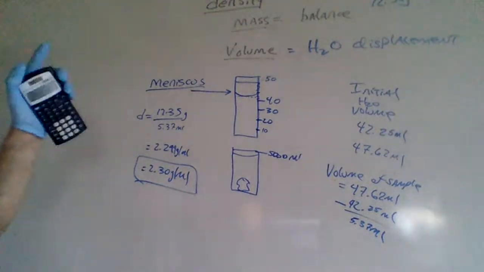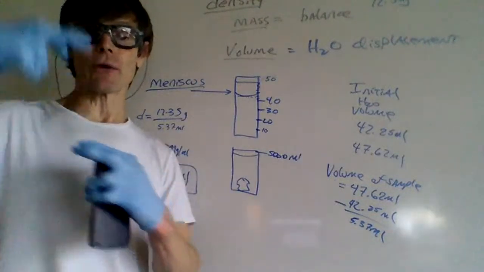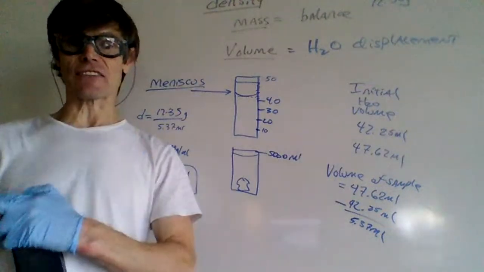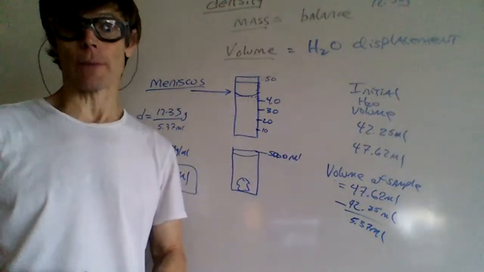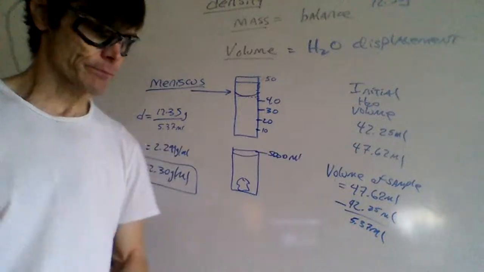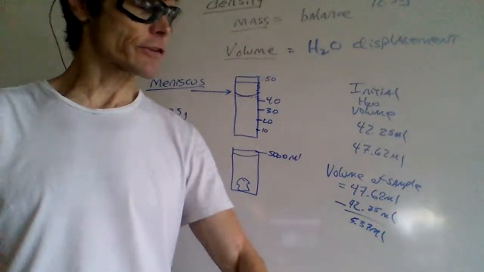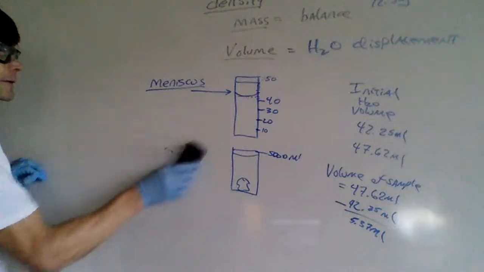Now, we might be trying to figure out what this object is. What's its identity? If we had a table that listed densities, we might be able to identify what that object is based upon the samples that we have. I actually have another experiment here. Let's try it. So this is the idea.